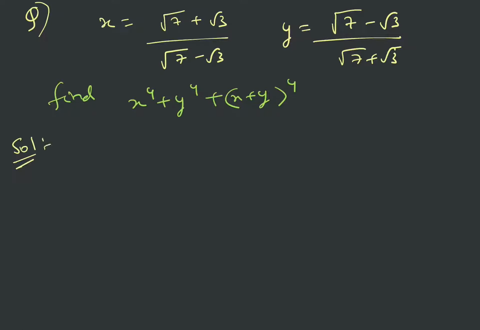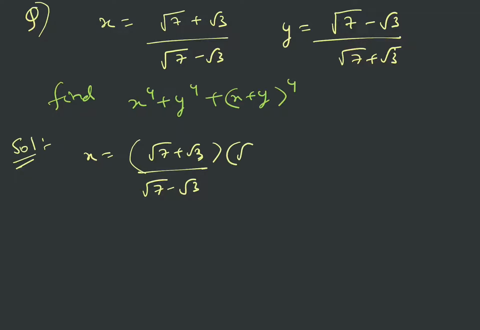So you can pause the video and try this if you want, and otherwise you can solve it with me. The first thing I am doing is rationalizing the denominators in both x and y. So x is root 7 plus root 3 by root 7 minus root 3.